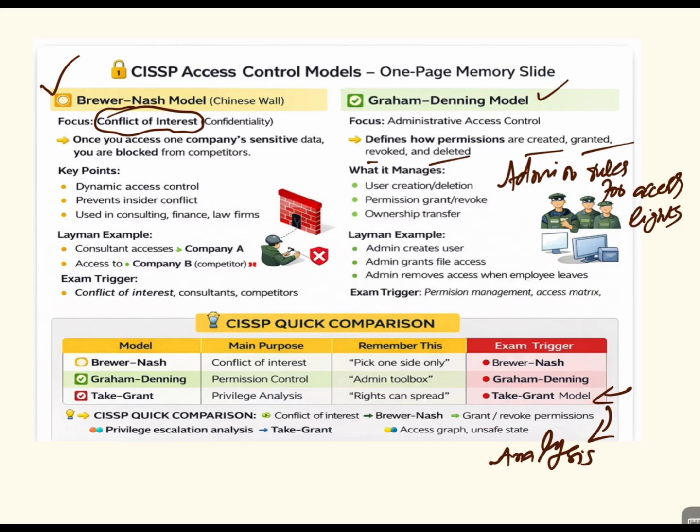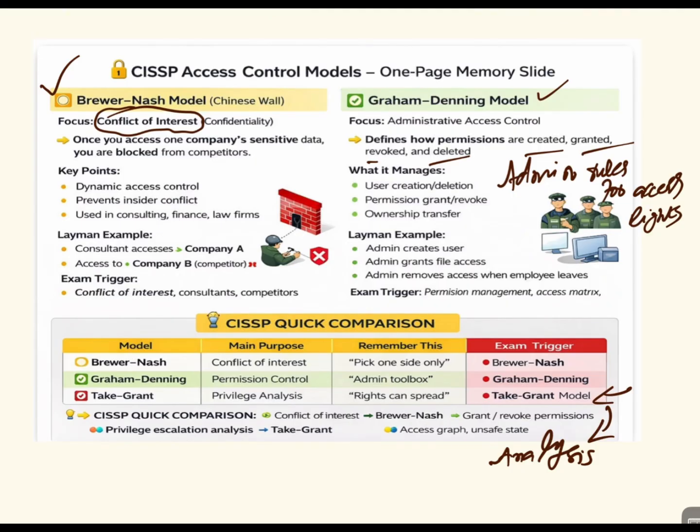Or for one system you got admin rights, but now you are not admin anymore, you became a normal user, but still you have admin rights. So that is a privilege escalation. Privilege escalation is something which is intentional, and privilege creep is sometimes unintended. These two terms we need to keep in mind.